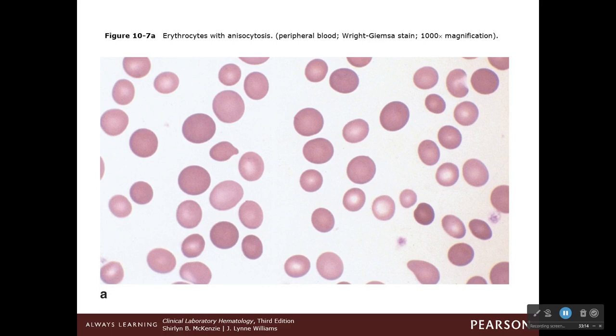Their shape's good, it's round like it's supposed to be, with the exception of the spherocyte, of course, which is a sphere shape. But all the rest of them have a little central pallor, they're just bigger, okay? So shape is normal right there, but size is not. So then we would say anisocytosis, okay? And I would say probably 2+ anisocytosis on that, because you've got lots of different ones in that field.